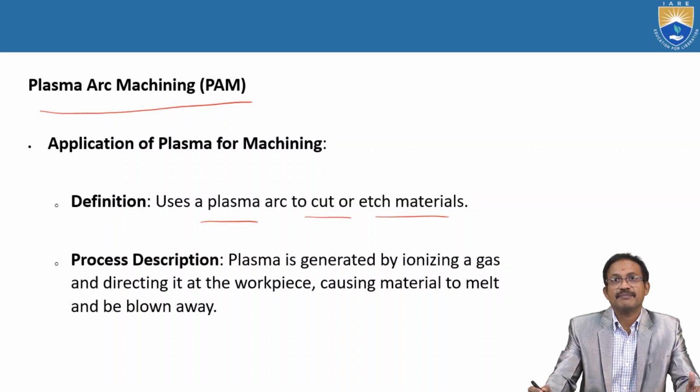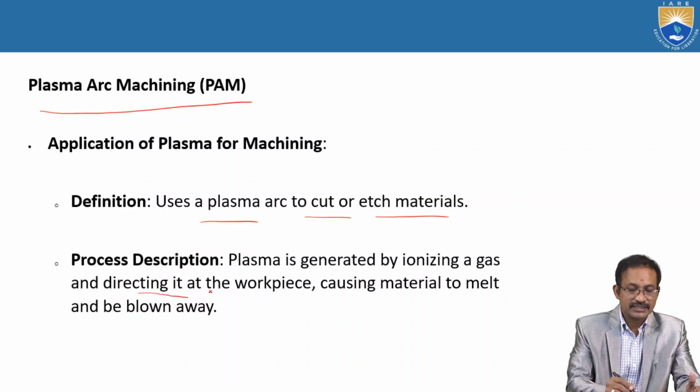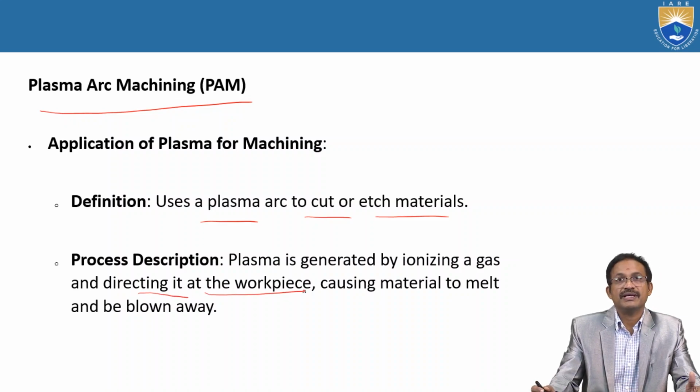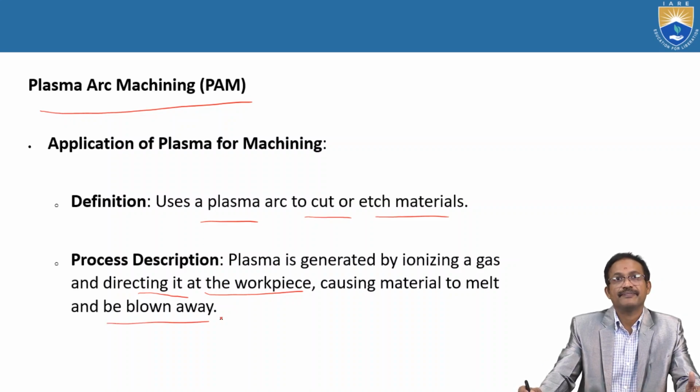Plasma is generated by ionizing a gas and directing it at the workpiece, causing material to melt and be blown away.